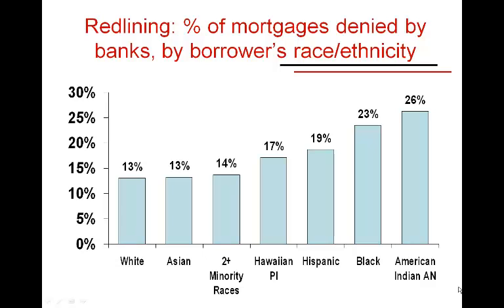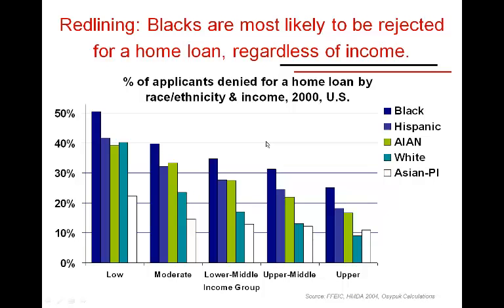Here is evidence of redlining, the percentage of mortgages denied by banks according to the borrower's race, ethnicity, controlling for income. So you see here disparities at the upper end for blacks and American Indians relative to whites, also higher for Hispanics relative to other groups.